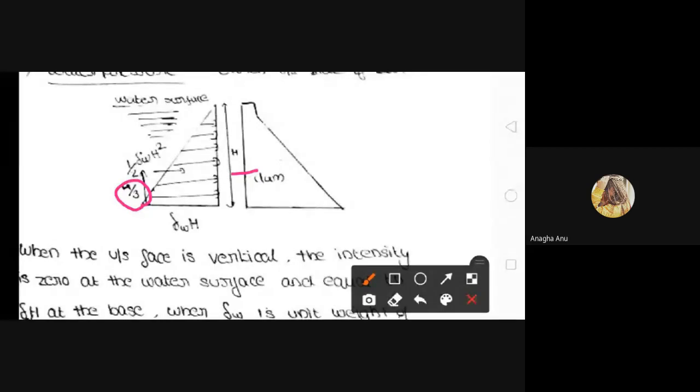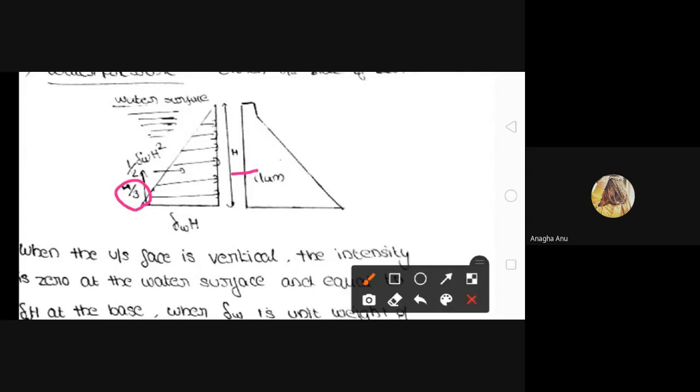So these are the points that you should remember. At the top of the dam, the water pressure will be 0. At the bottom of the dam, the water pressure will be equal to gamma W into H. And the total force acting on the dam due to the water pressure will be equal to the area of the pressure distribution diagram, which is half into gamma W H into H, that is half into gamma W into H square.